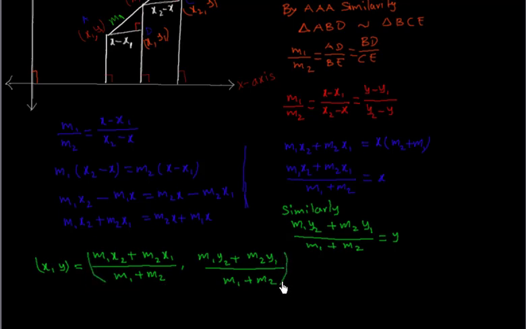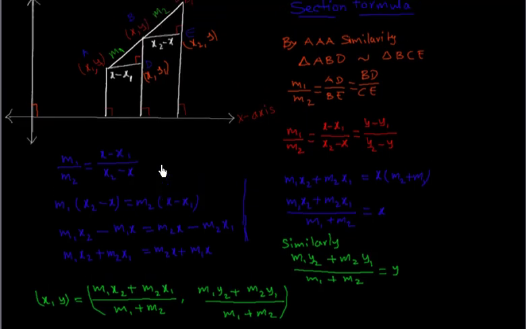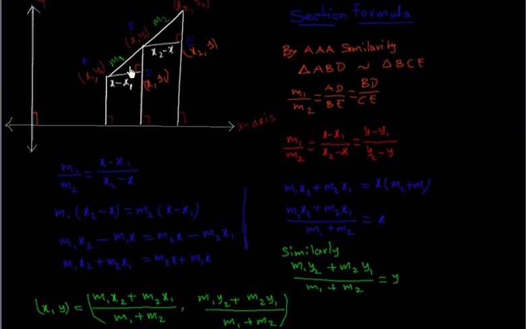So this is the section formula which divides the segment AC internally in the ratio M1 is to M2.